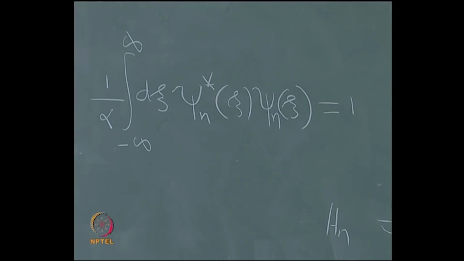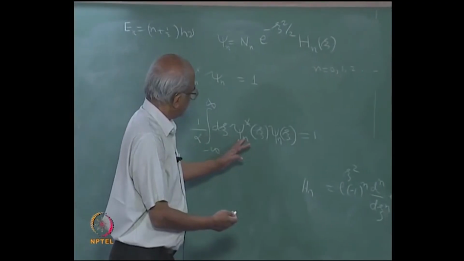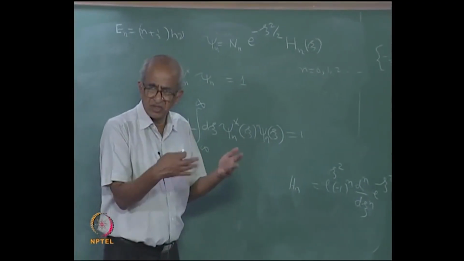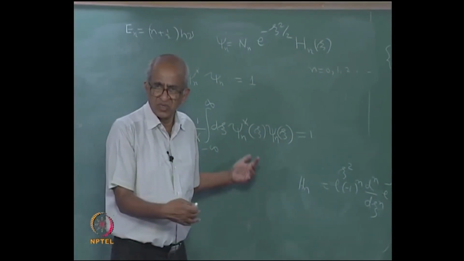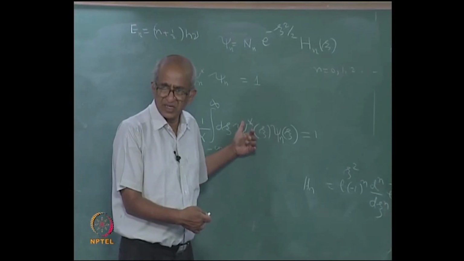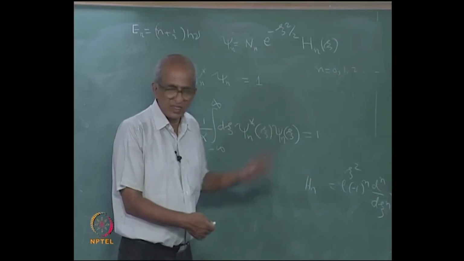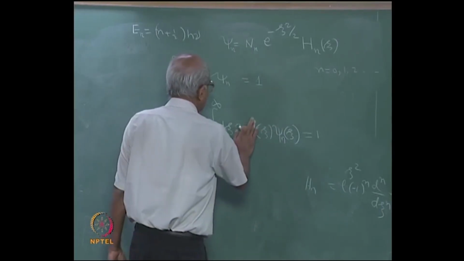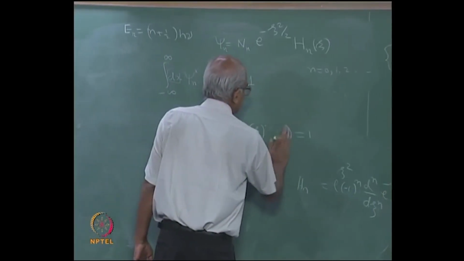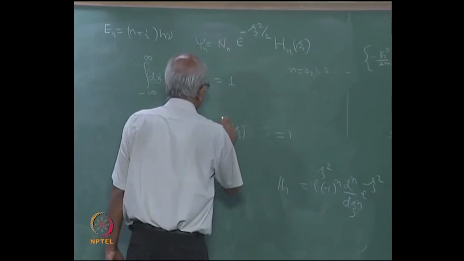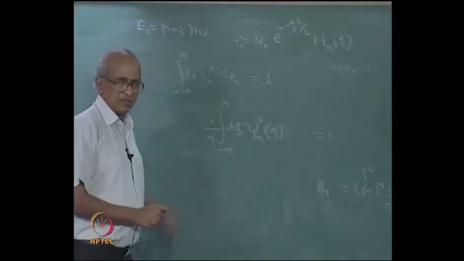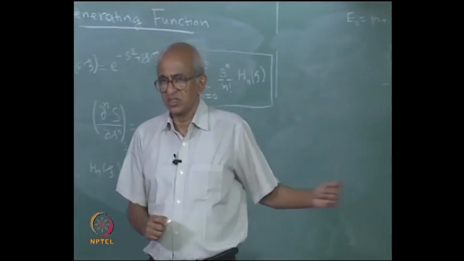And in fact, in this case the wave function has no square root of minus 1 occurring inside. So, this star is irrelevant, the star does not affect the function because everything in there is real. So, I can remove the star, and effectively I would have psi n square sitting there.